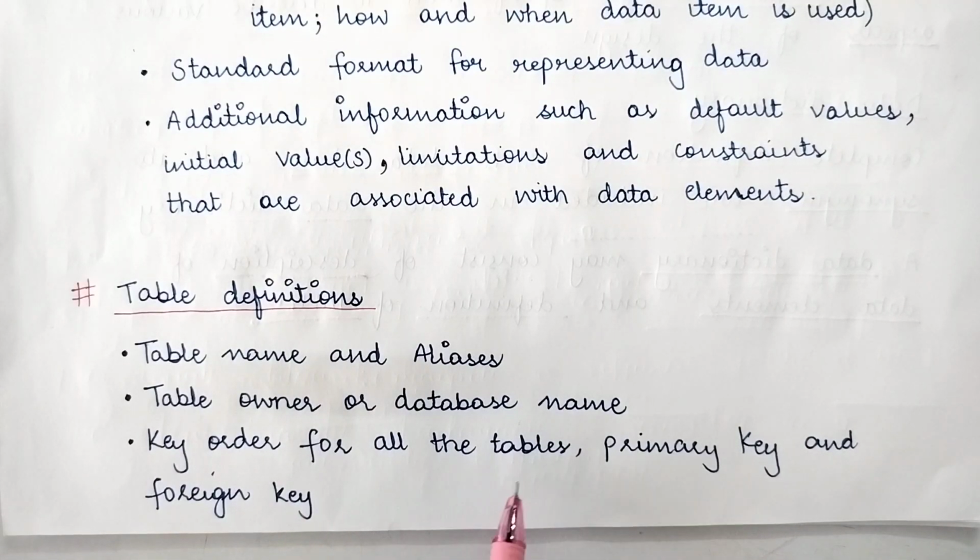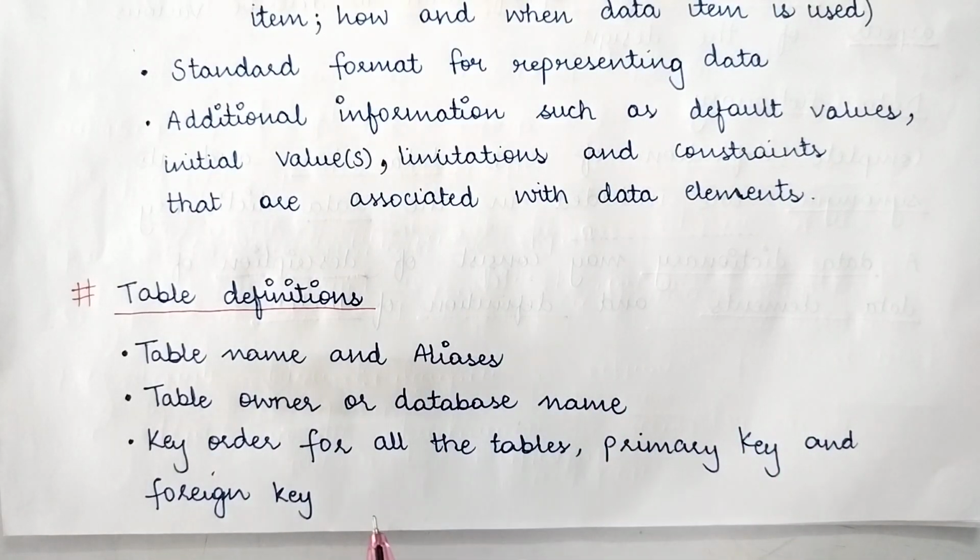So, the key order for all the tables would be given using the primary key, and foreign key is basically that key which is primary key in one table, but then it is used as a key in another table. So, in that table it becomes a foreign key.